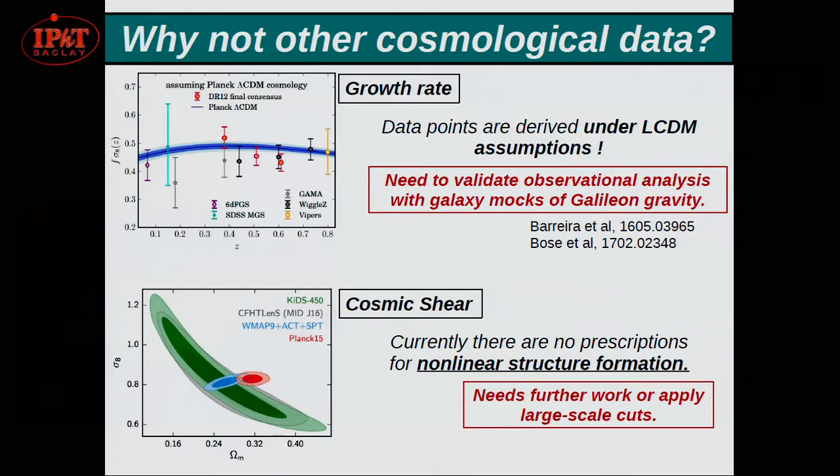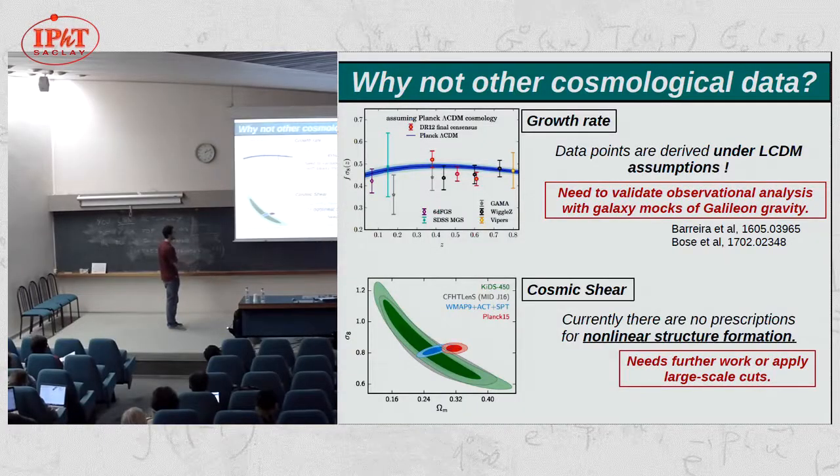Another potentially interesting question is where the Galileon contours lie in this sigma 8 omega matter tension. Does it alleviate the existing tension, if there's any tension or not? The reason why this wasn't done is because, at least for the KiDS analysis, they go to scales where nonlinearities become important.